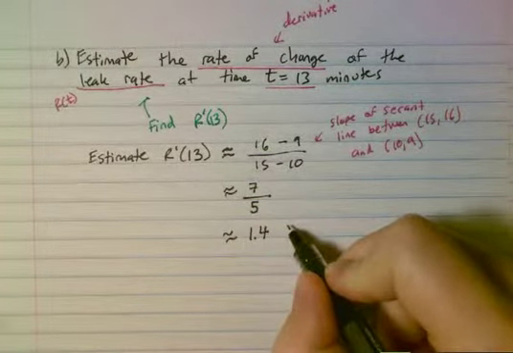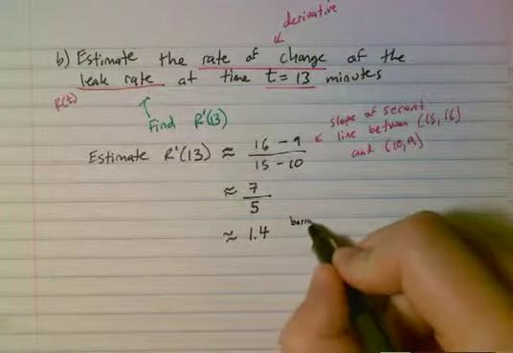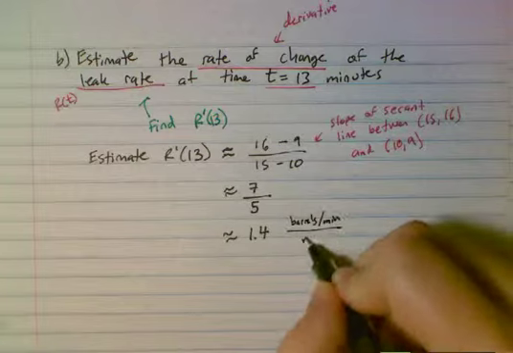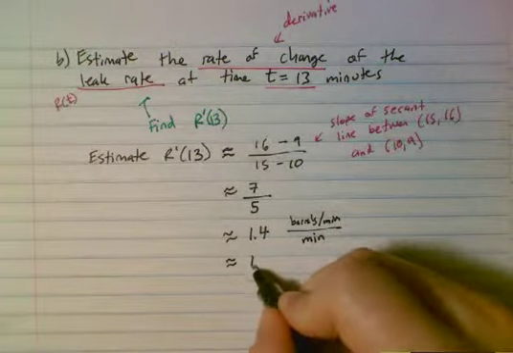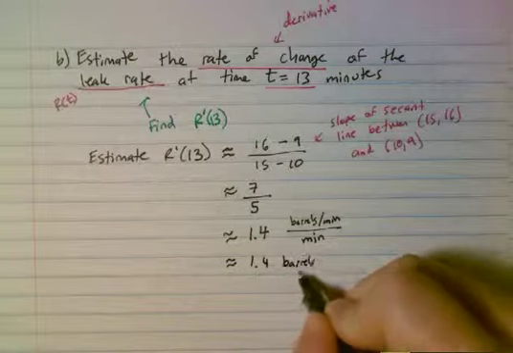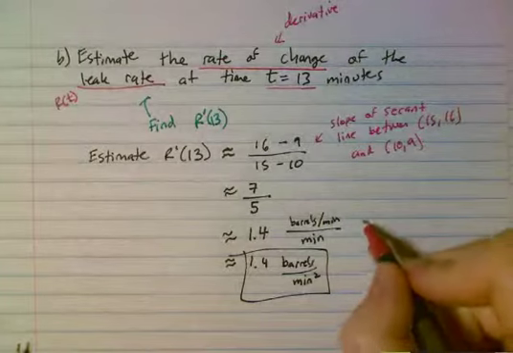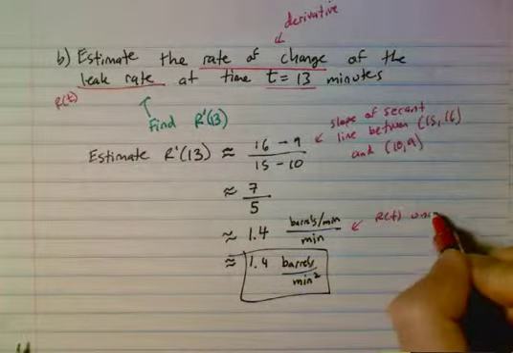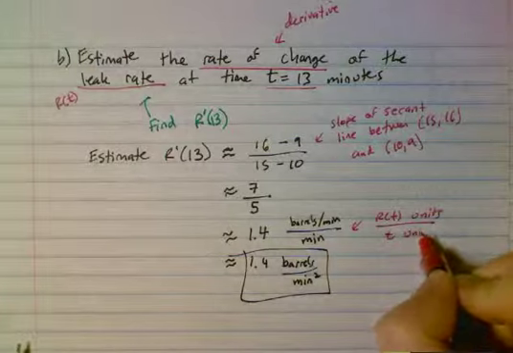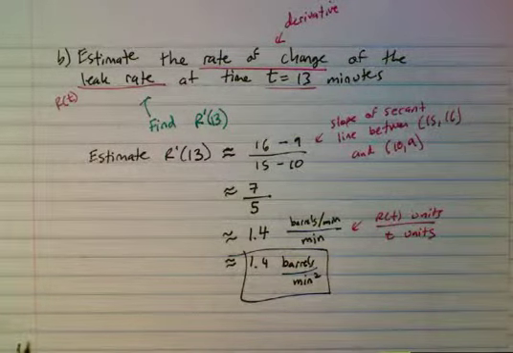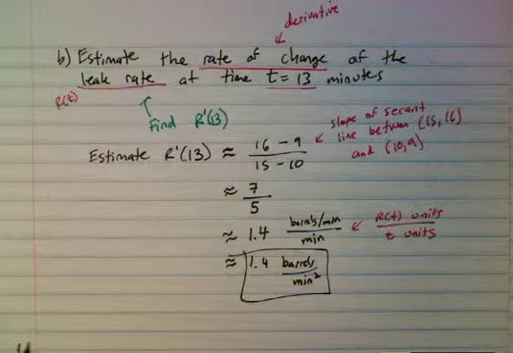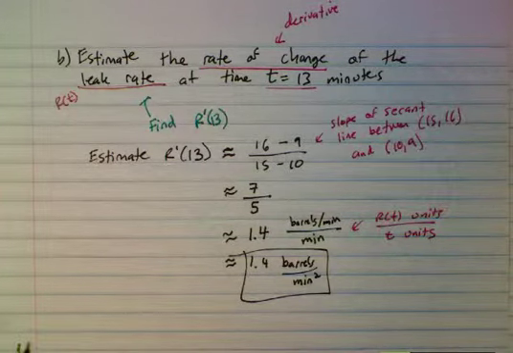So again, R units, barrels per minute, t is in minutes. And once again, this is R of t units divided by t units. Because we know that a derivative, slope of a line, is change in y divided by change in x. Y is measured in barrels per minute, x is measured in minutes.